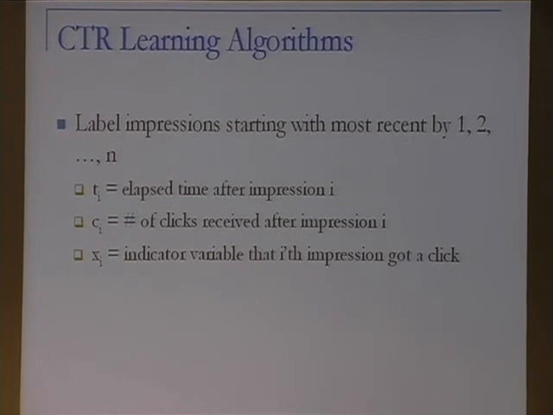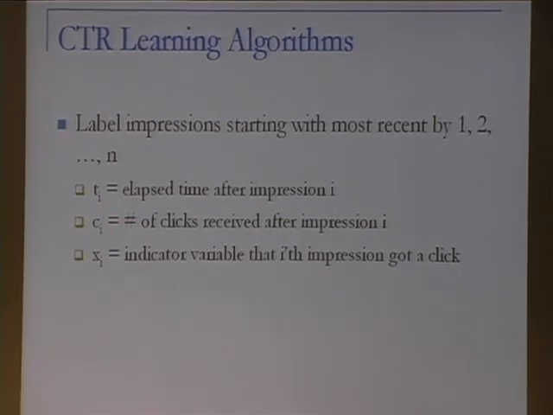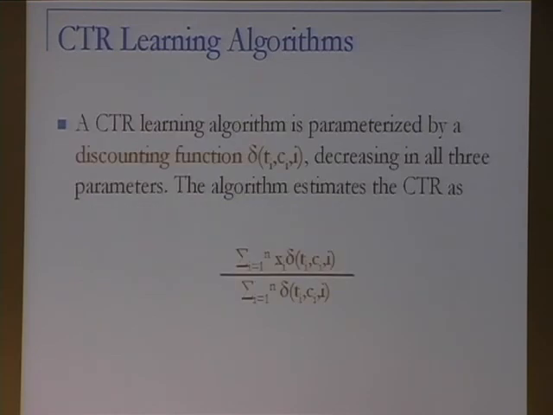And Xi is an indicator variable that the ith impression got a click. Then I will say an algorithm is a CTR learning algorithm if it's parameterized by some discounting function, delta, which is a function of these 3 parameters: the time since the ith last impression, the number of clicks since the ith last impression, and i.